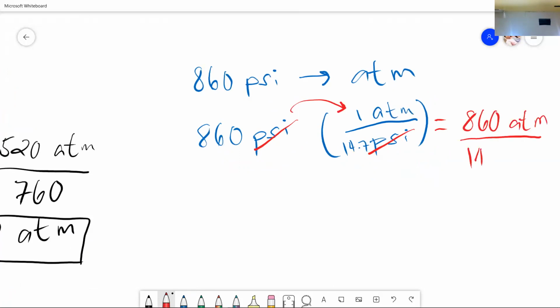The result is 860 divided by 14.7, and that is 58.5 ATM.